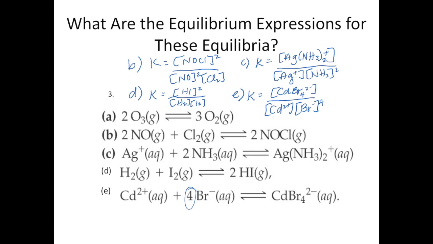If you look at the silver ammonium complex in C, I put the whole complex ion in there and then put the brackets around it with the charge. So just make sure that you're complete about that. Please take note of all of the stoichiometry and make sure that you include that.